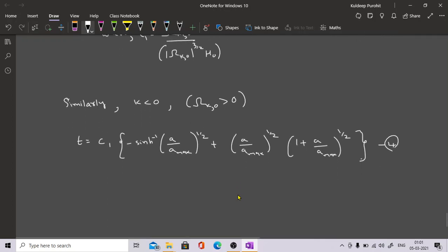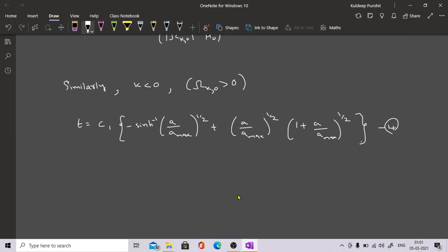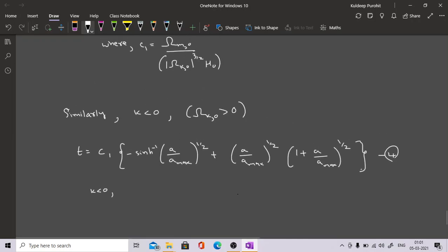So this is how this thing is there. For k less than 0, you can also do the same thing.